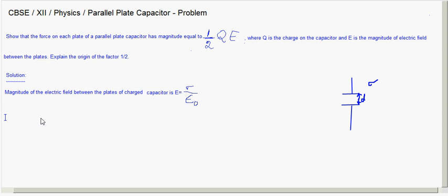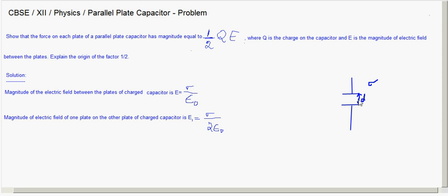So the magnitude of electric field of one plate on the other plate of charged capacitor, let me take it as E1, is equal to half of E, that is sigma divided by 2 epsilon naught.